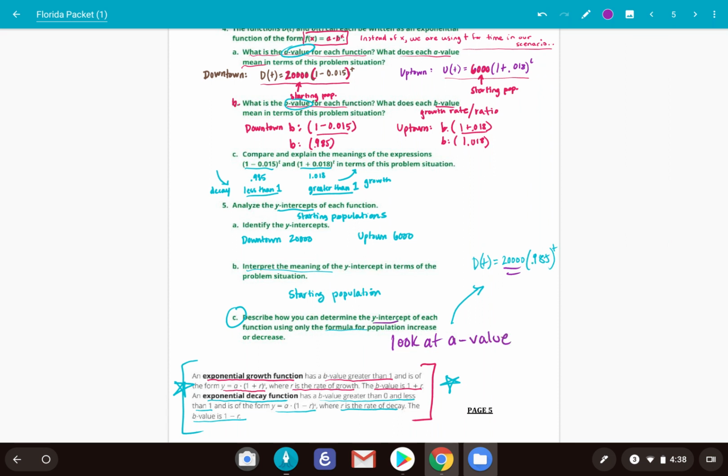And that would be the y-intercept. So whatever the population is, you just look at the a value. So we didn't even need to have any information given to us other than the formula.